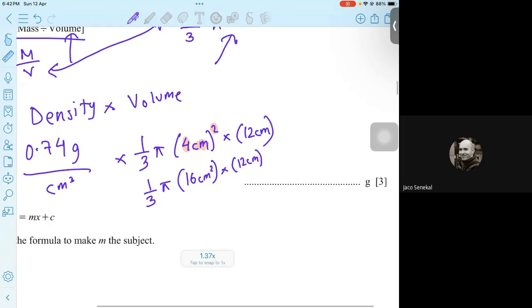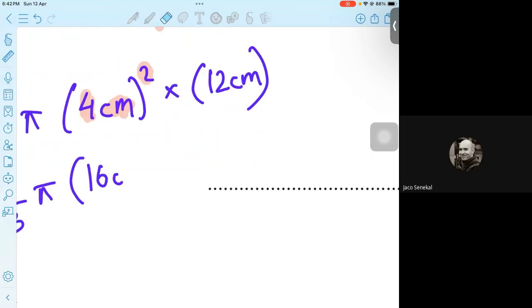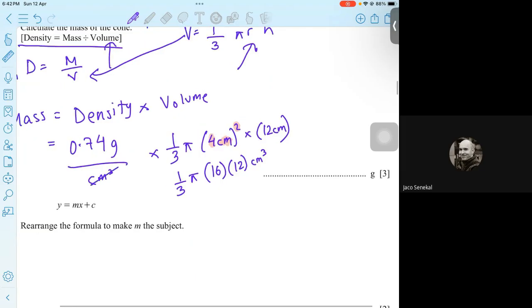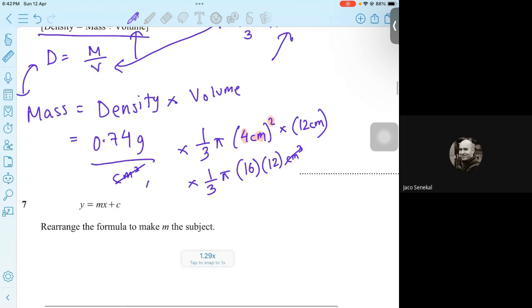Now this centimeter squared and this centimeter just make centimeter cubed, right? So I could write this as 16 into 12, and then cm cubed. And we can see that this and this could be cut off, because one is in the numerator and the other one is in the denominator.